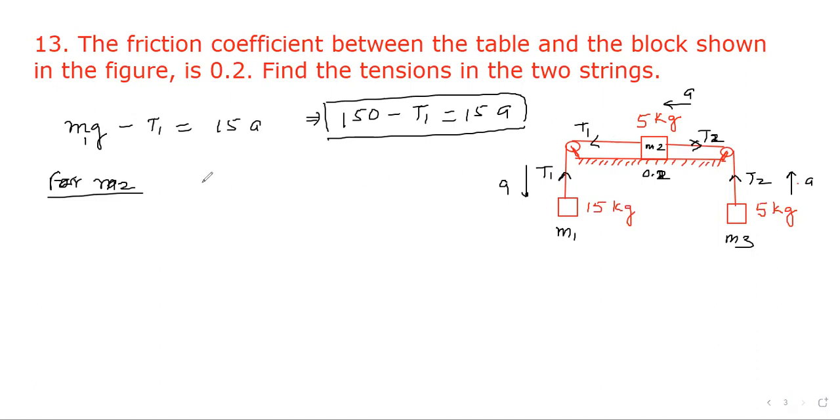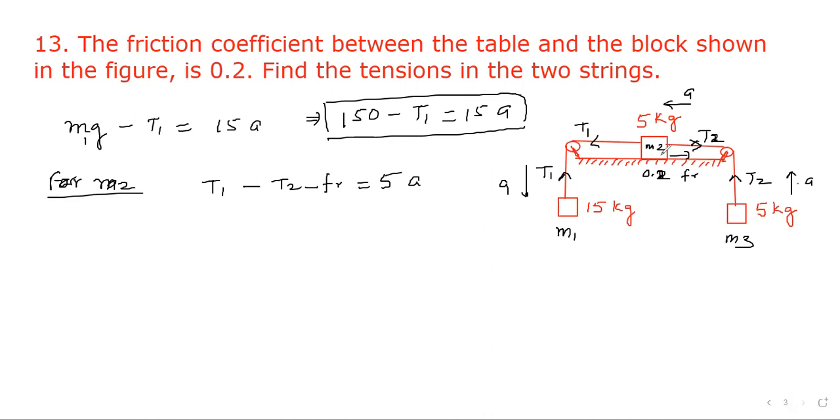So T1 minus T2 minus friction, the friction will be in this direction, is equal to the motion of the 5 kg block. So 5 times A.